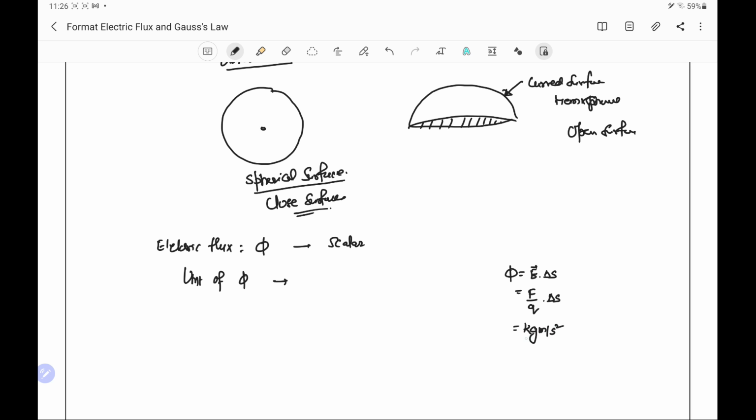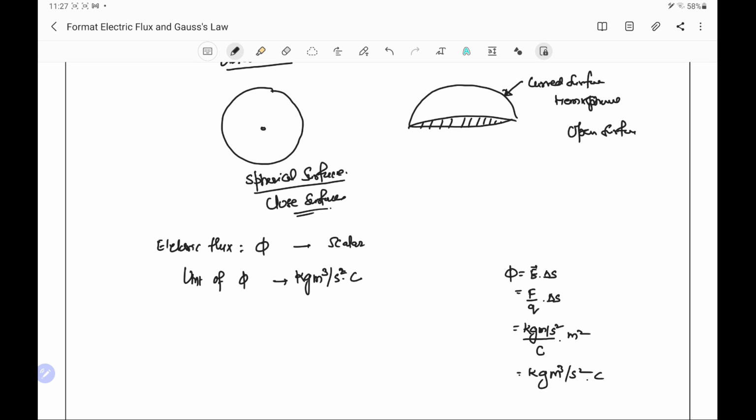This is the unit of force divided by Q, that is the coulomb, into delta S. This is the meter square. Therefore, we can say the unit of phi, that is the electric flux, is kilogram meter cube per second square coulomb.